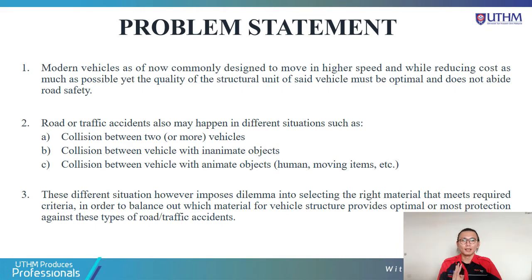And the third one, last but not least, collision between a vehicle and animate objects such as humans or moving items. The problem statement that can arise from this is the dilemma of selecting the best or optimal design and materials suitable for the vehicle structure that meets the criteria of road and traffic safety.